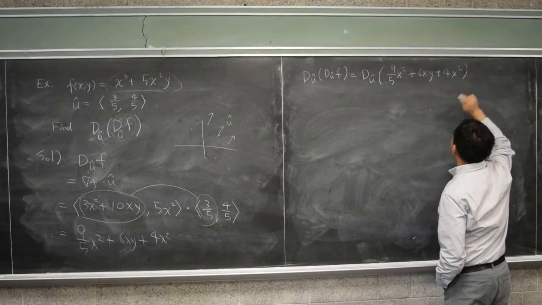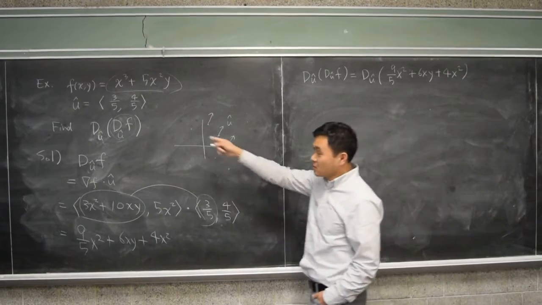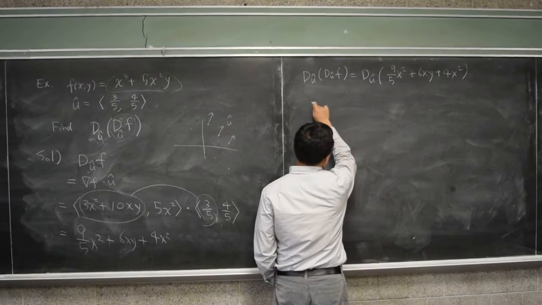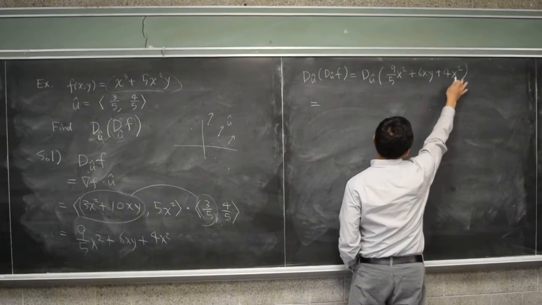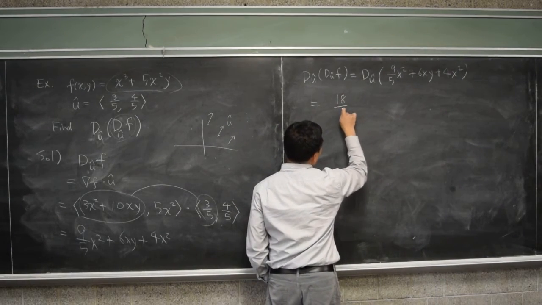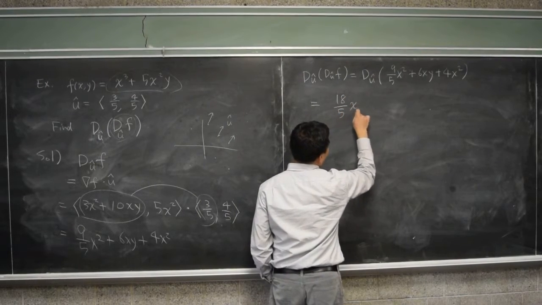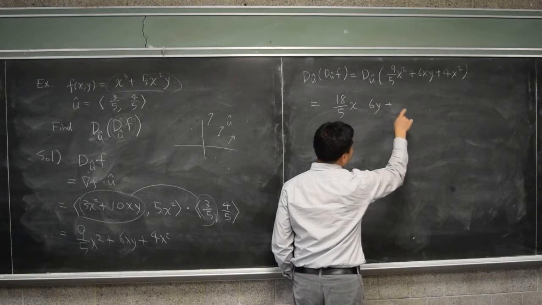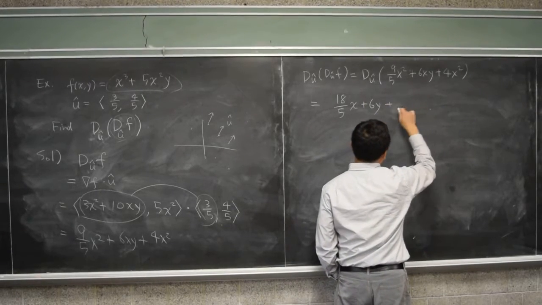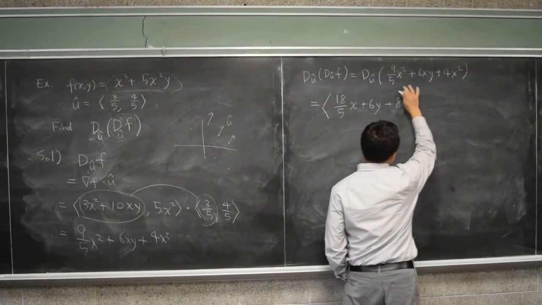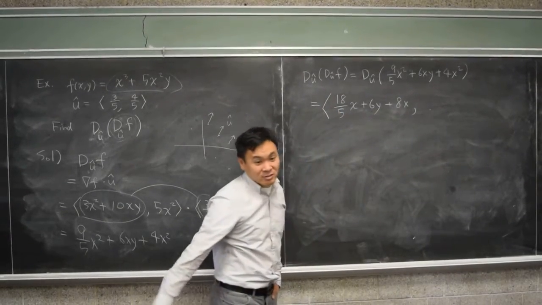Okay. That's what the question is asking us to calculate. What is that? That's the gradient of this entire thing, right? So that's 18 over 5 x plus 6y plus 8x, comma, this is what you get if you differentiate by x, the entire thing.